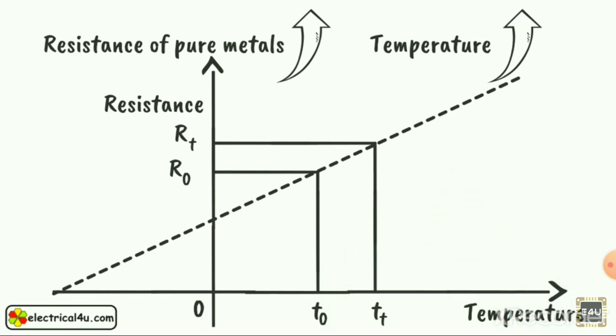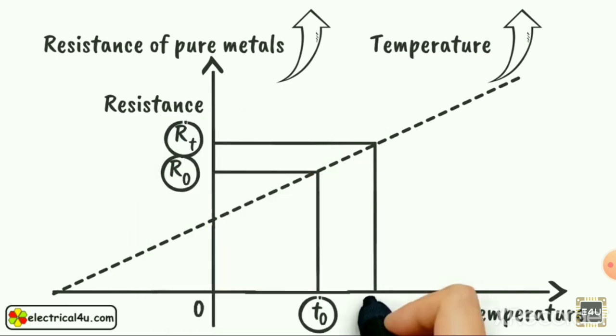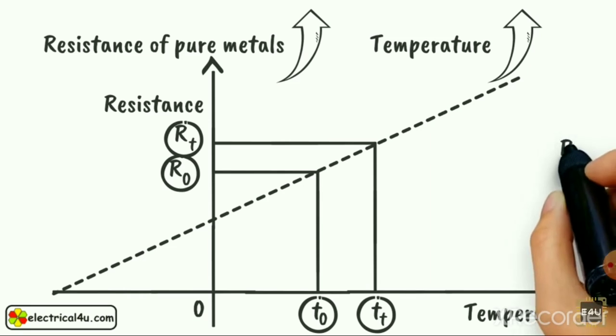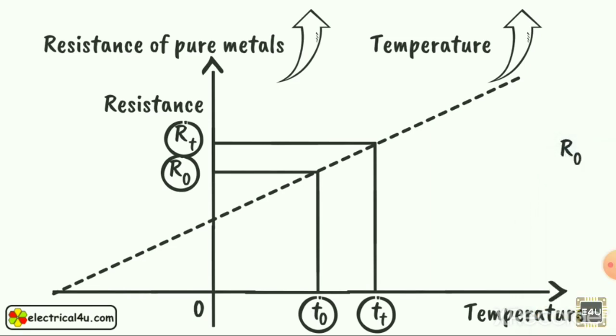Here, R0 and T0 are the measured resistance and temperature of the conductor the first time, and R_T and T_T are the resistance and temperature of the second measurement. Now, due to change of temperature, how much resistance will change depends on the actual resistance of the conductor at initial temperature.